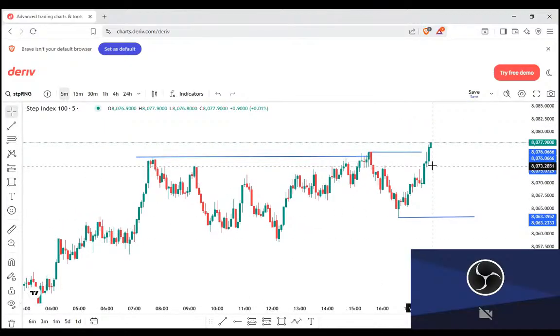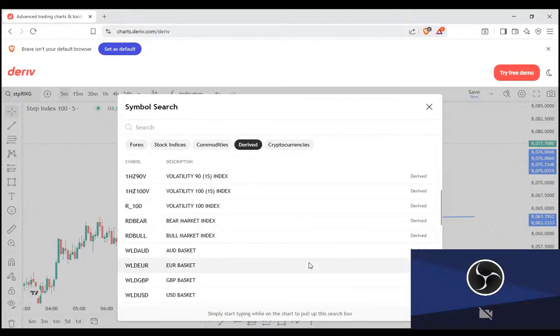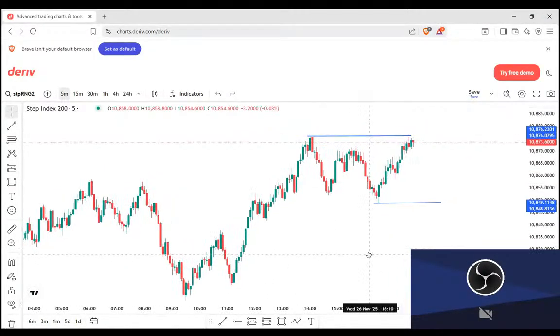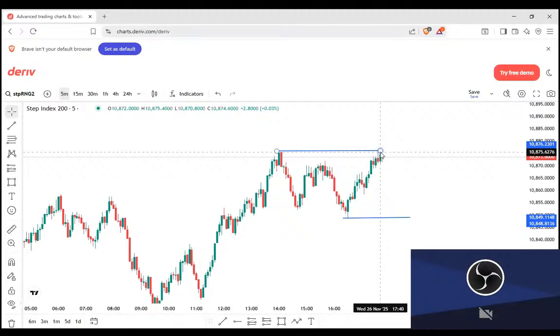This is continuation of the buyers. They said they go break out this high. Continuation of that. 200. Will 200 respect this zone? Let's look at it.